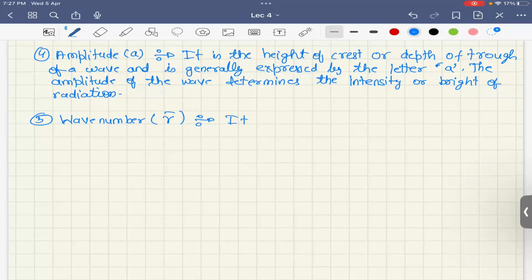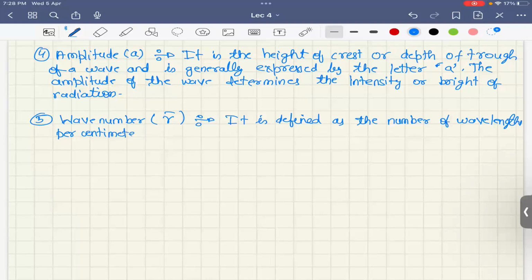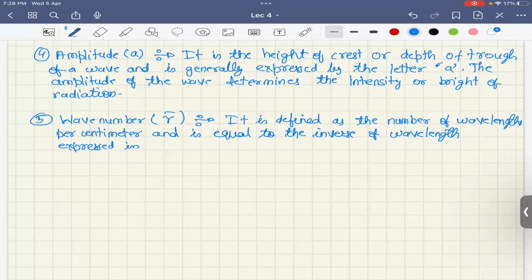It is defined as the number of wavelengths per centimeter and is equal to the inverse of wavelength expressed in centimeter.